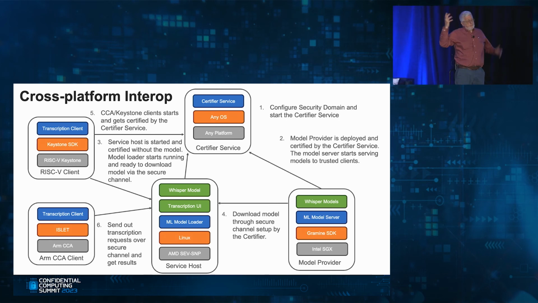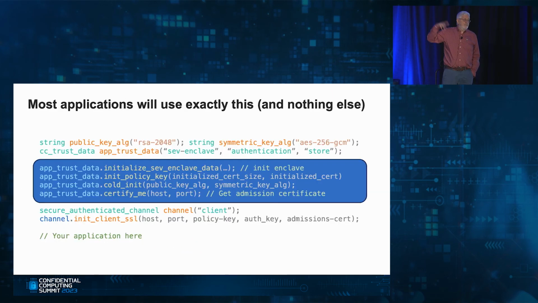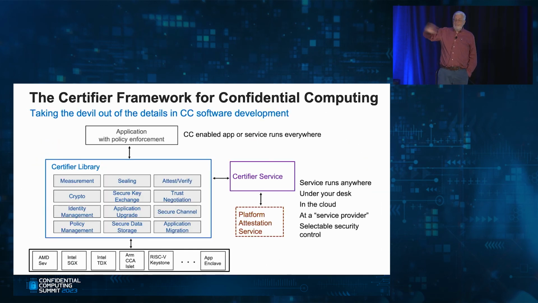Let me ask your first question first. I don't know if we put up our diagram. Nothing I said mentioned RATS or anything else. Attestations are done by the certifier service. The developer and the policy guys don't know the word RATS at all. We know the word RATS. The certifier service talks to the RATS protocol.